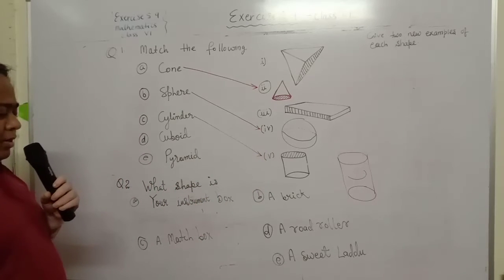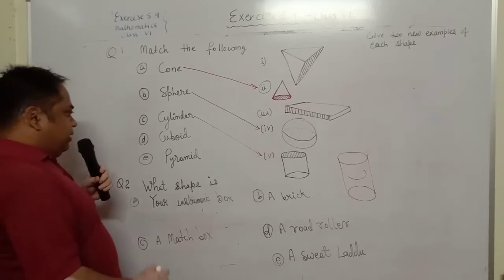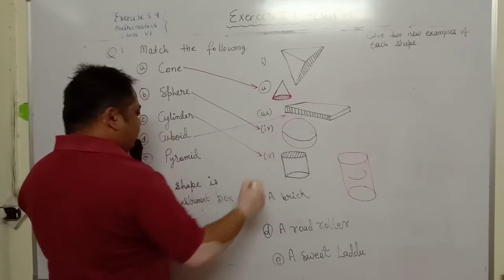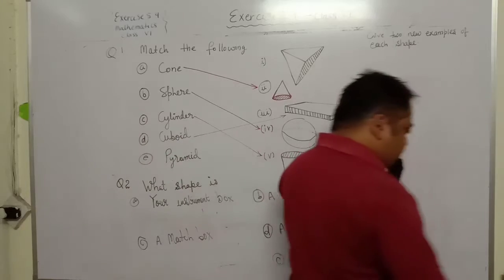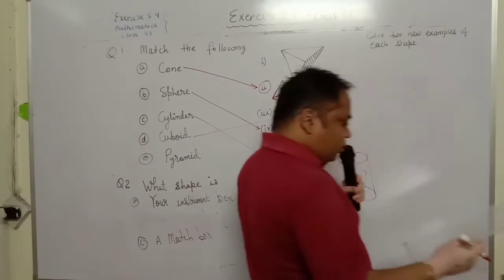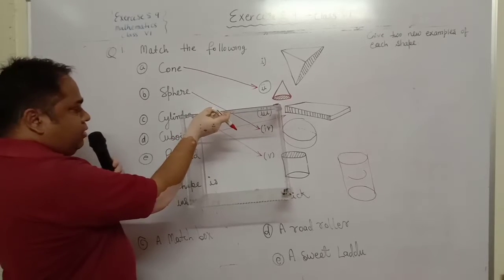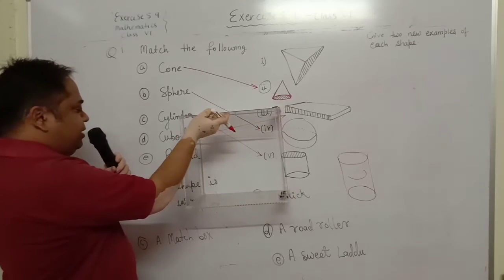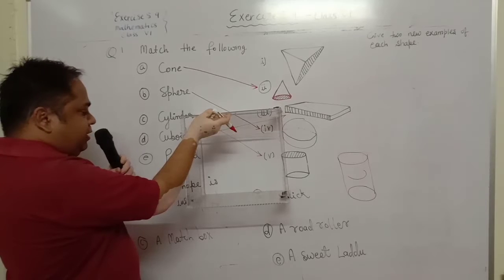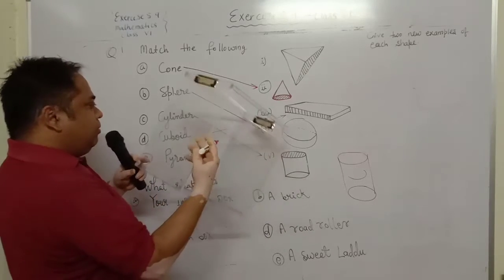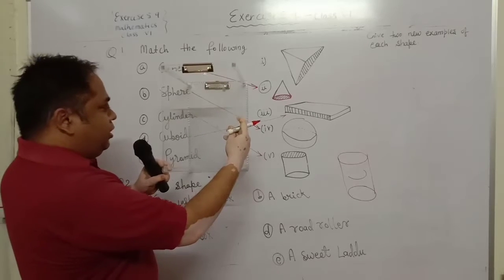A cuboid has a shape like this. See, I can show you. What type of shape is this? You will find that there is length in it, there is breadth in it, and there is a height in it. This is prepared by using the examination board only.